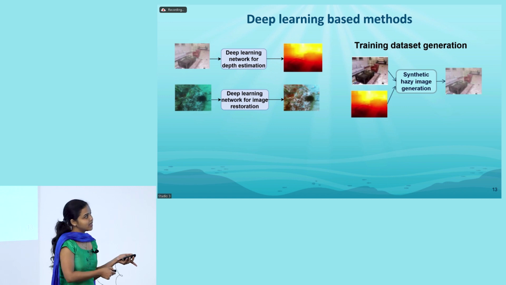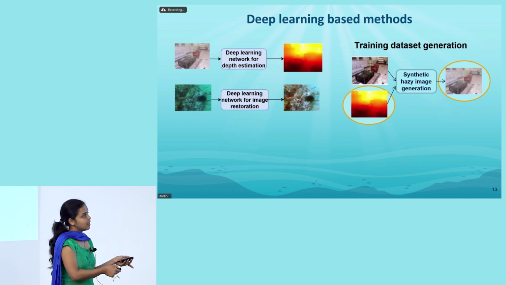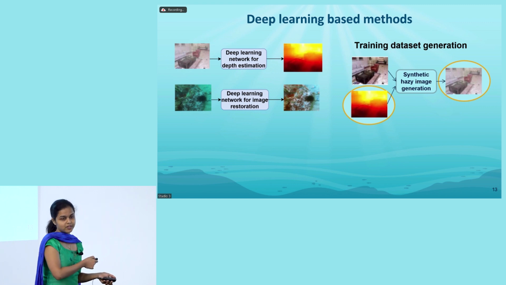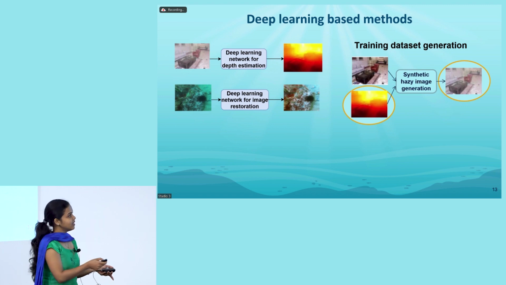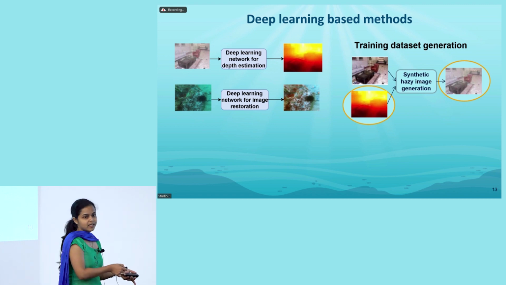They will find an underwater image corresponding to this image, and they will call this the underwater image and this its depth. Using this underwater image and depth, they will train this deep learning based network. But we can see that this underwater image is not real, it is actually a synthetically generated underwater image.